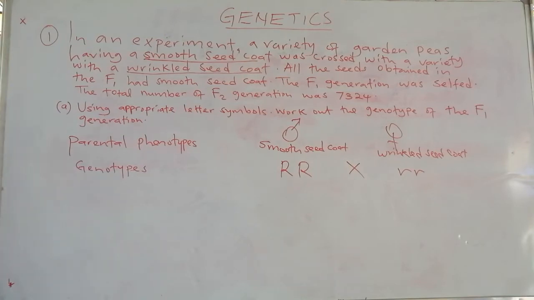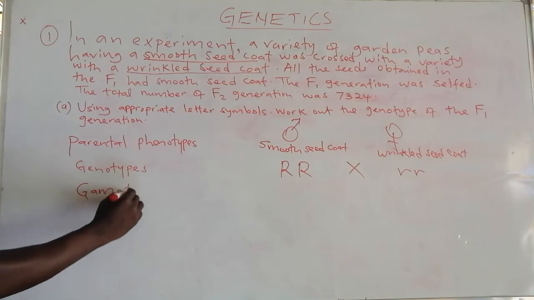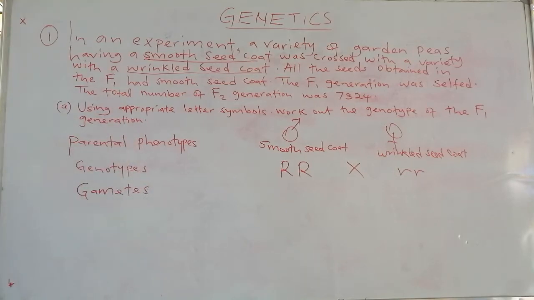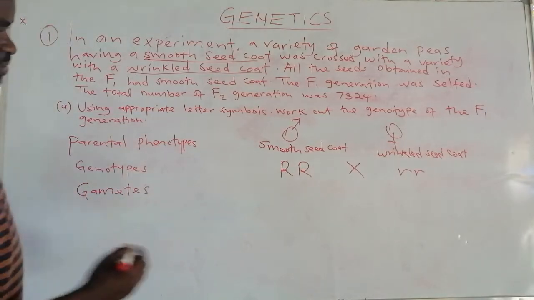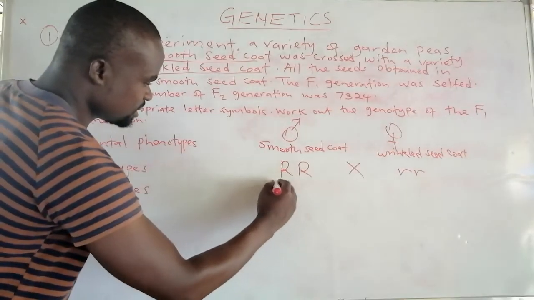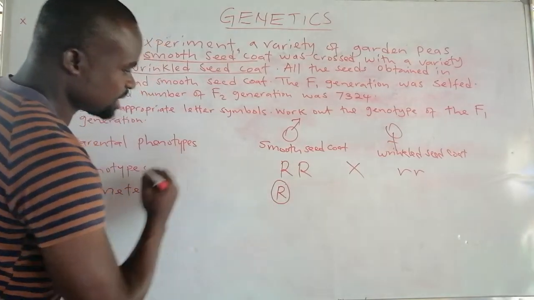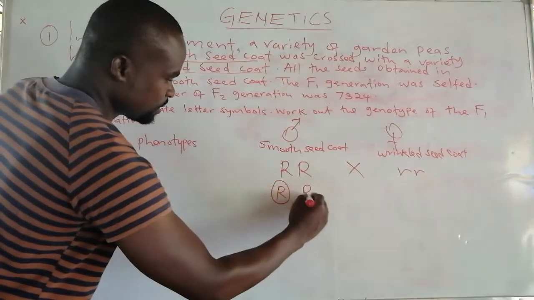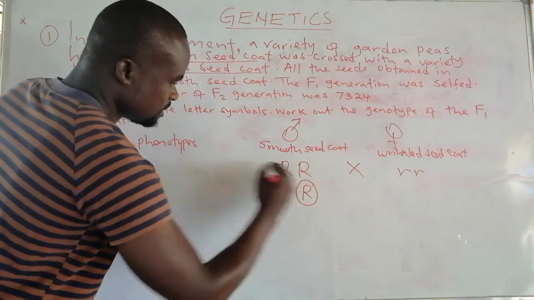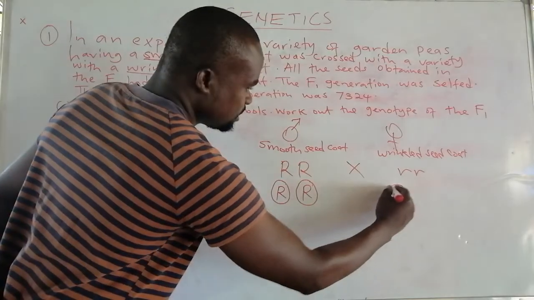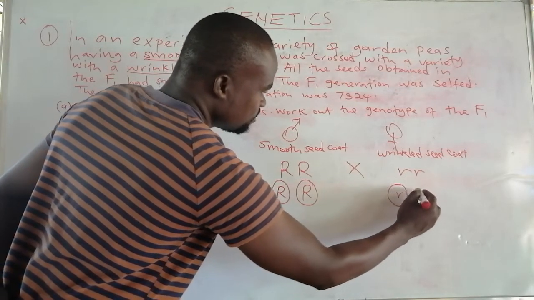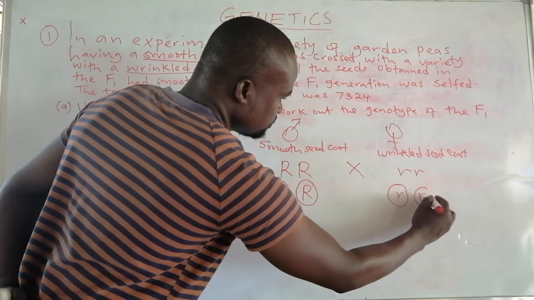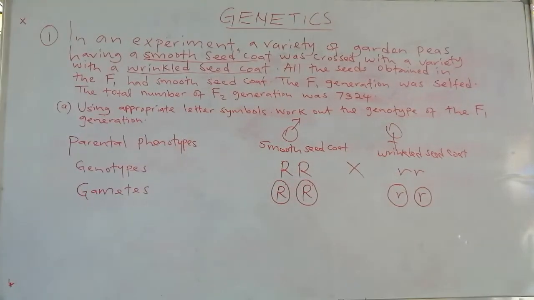So after that, you go to the gametes. When you go to the gametes, these gametes will be derived from the genotypes. So we'll have this, and you circle it using a complete circle. That one again, the other one also you circle using a complete circle, like that.